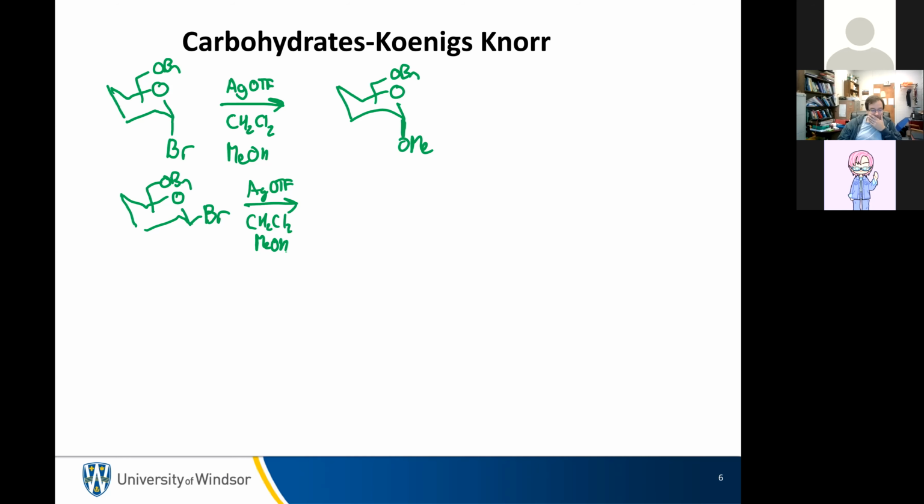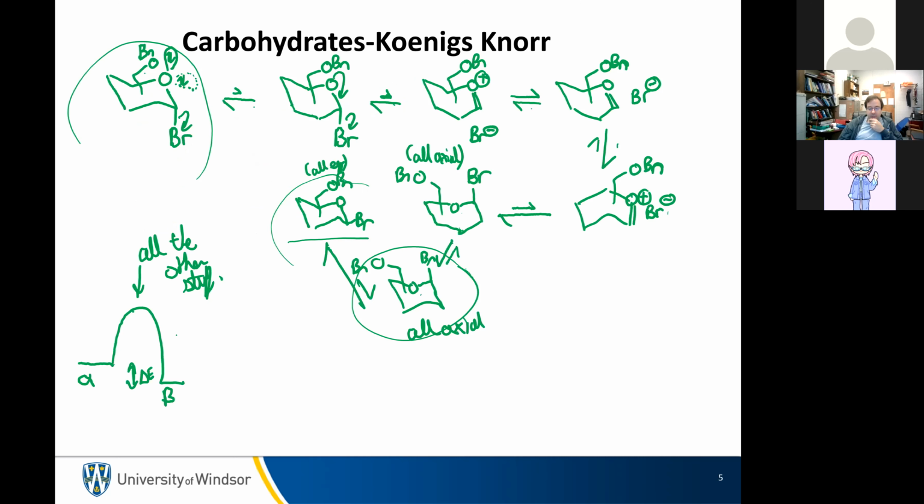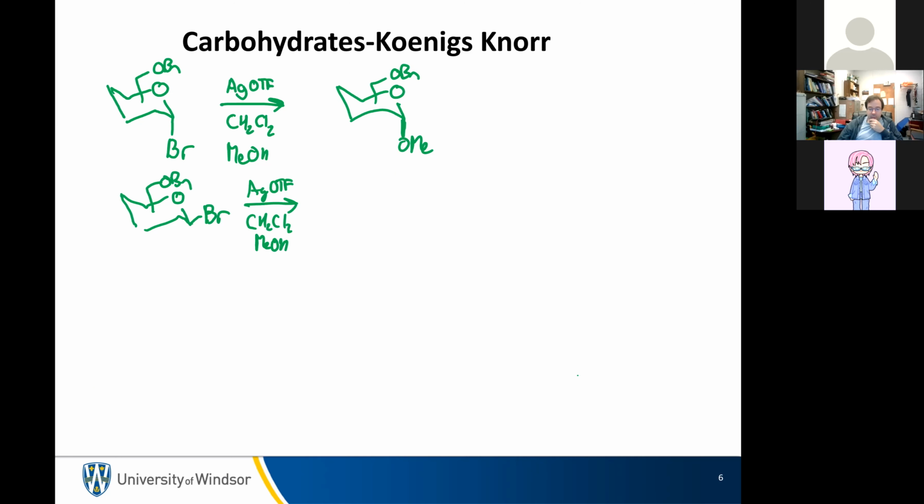Because it couldn't turn into beta in the first reaction. Well, we showed how we can make the beta bromide from the alpha bromide. So let's say we have the beta bromide and we use these same conditions. What the beta will have to do is flip to that unfavorable boat and then interact with the silver and make the oxocarbenium.